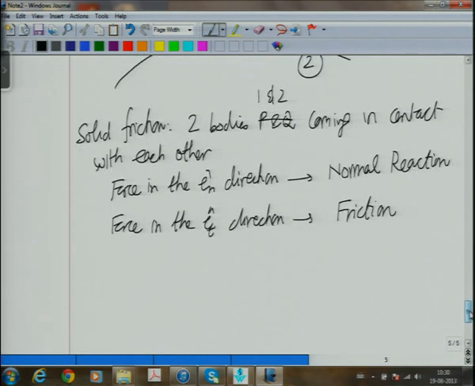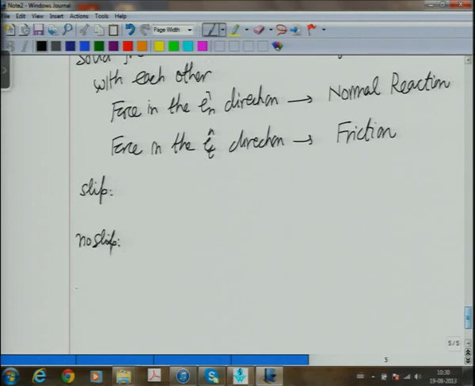Now before we move on, let me explain. There are three conditions which I will talk about, which are kinematical conditions, which means they have nothing to do with forces. These conditions are slip, no slip, and impending slip, and these are kinematical conditions.